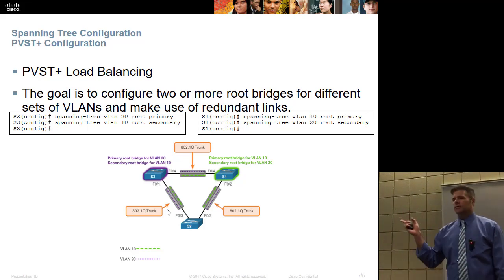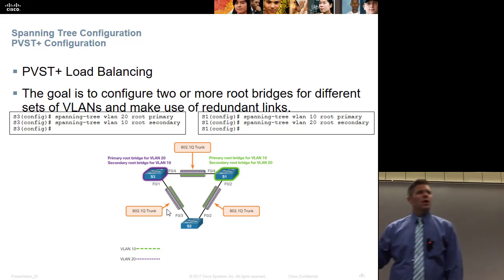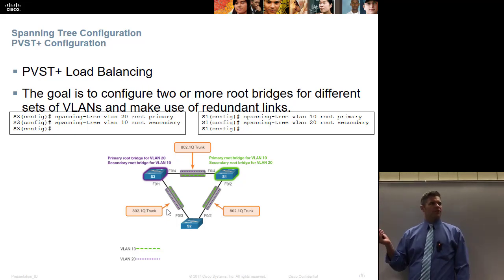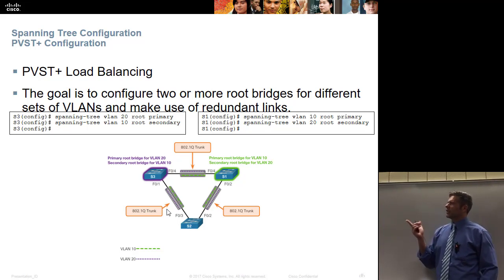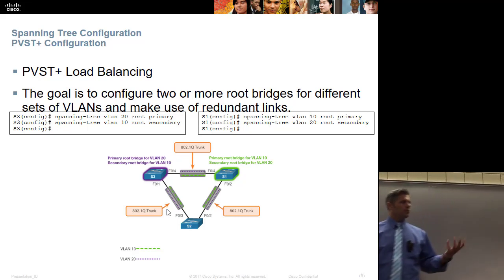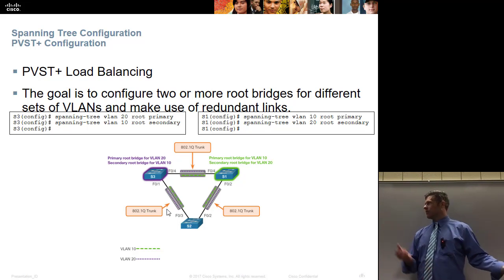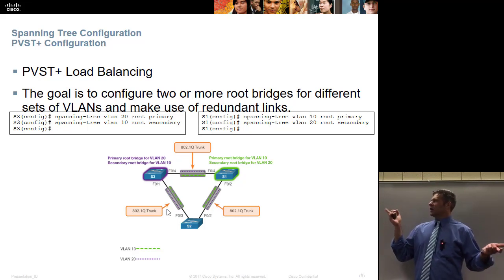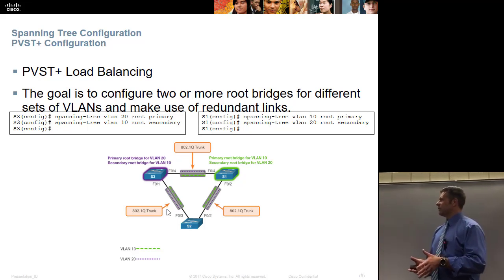You've heard me talk about this before. This used to be part of Cisco, I think, 2. And when I learned about it, I was like, man, I could have saved Tribune a ton of money if I had known this. So PVST Plus can do load balancing. If you've got multiple VLANs, which we did, and multiple redundant links, which we had, instead of leaving one sitting idle the entire time, you can set them up so that VLAN 10 has one bridge and VLAN 20 has a different one.